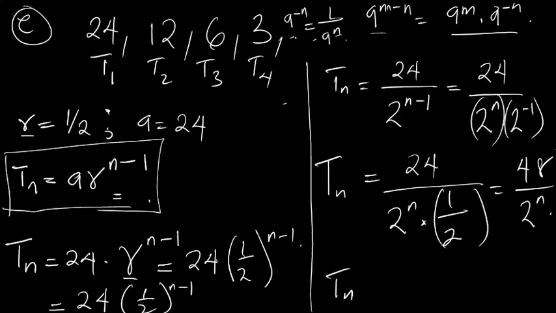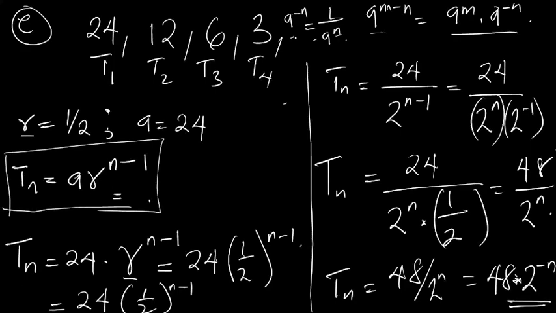So the nth term is 48 divided by 2 raised to power n, or we can say 48 times 2 raised to power minus n. So that is the final answer for the E part of the question.